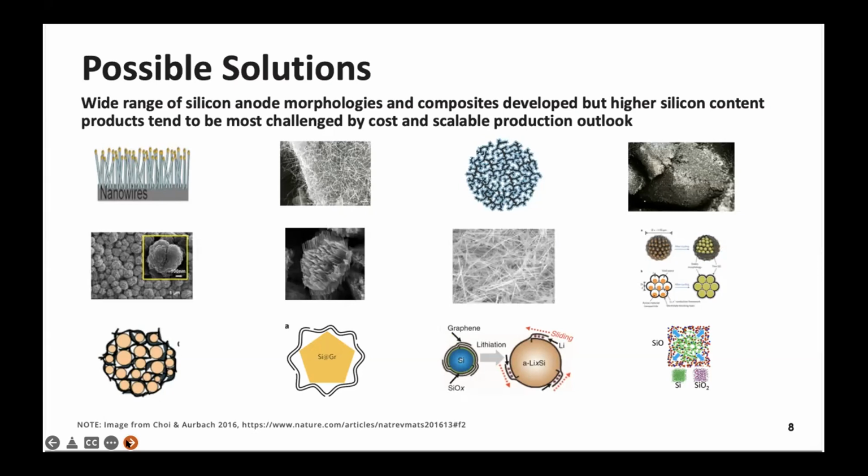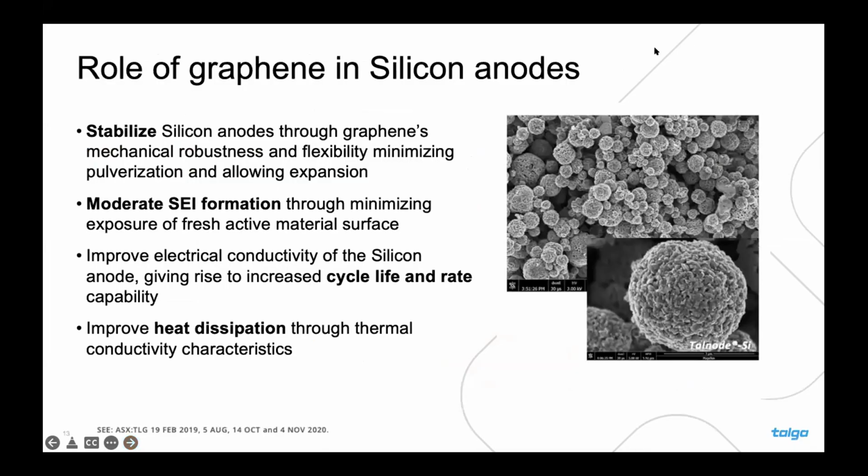However, there are multiple different solutions where graphene is either coating your nanoparticles or creating a framework structure in which your silicon particles can act as an active material without damaging the electrode structure that you have. So this is a definite area where graphene can play an important role. So what does the graphene do there?